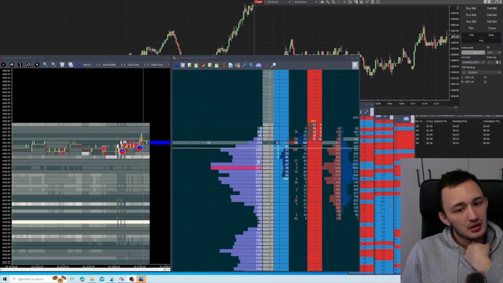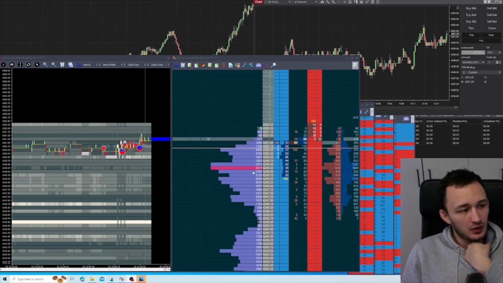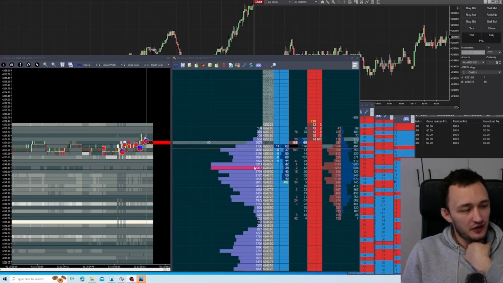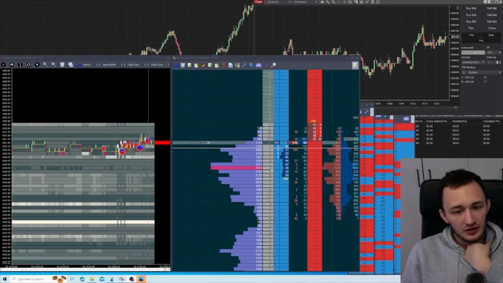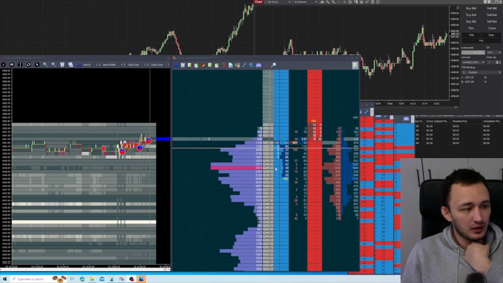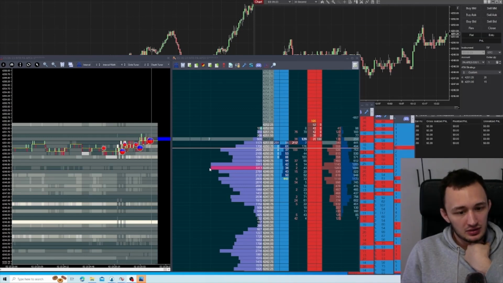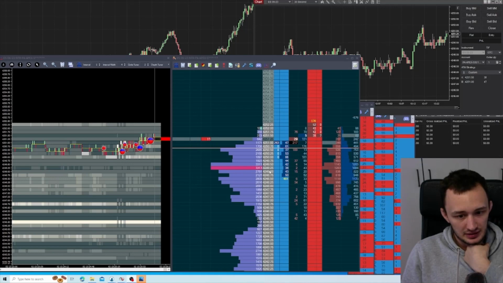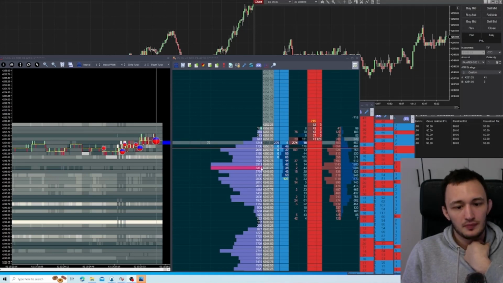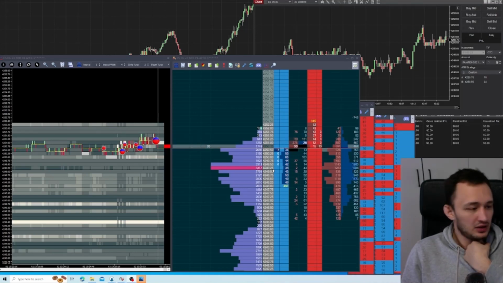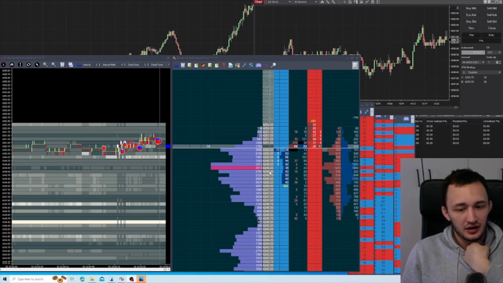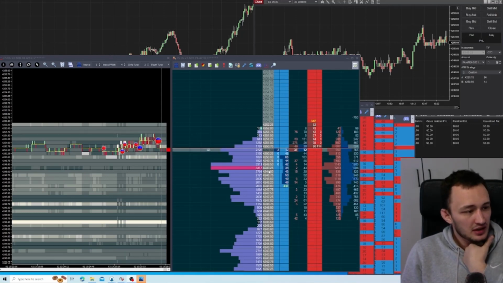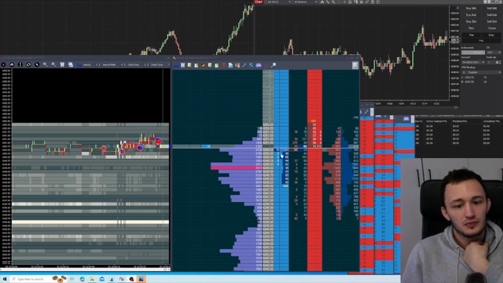Here, very many people agree this is pretty fair. Let's say right now the 49s are pretty fair. This is also the point of control, where most contracts have been traded. That's why it's this color here on my thumb. Most people agree 49.25 is the fair price, where most people have traded.